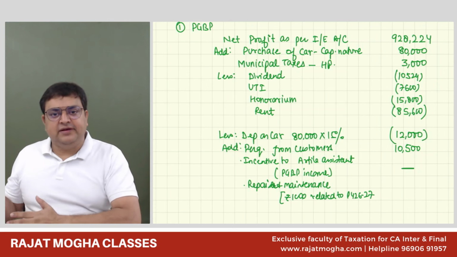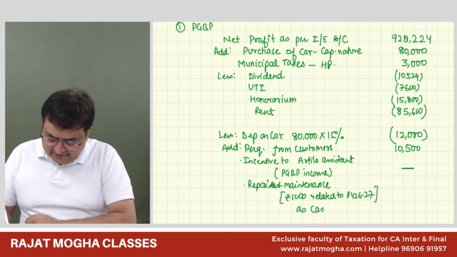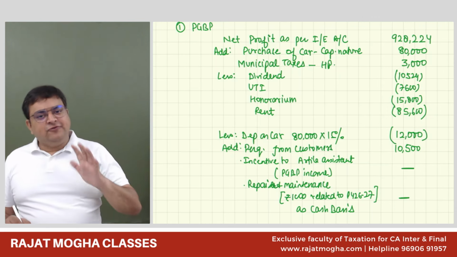So it belongs to next year, but still does not matter as we are following cash basis, so we will not do anything. 0. So you have to show this.